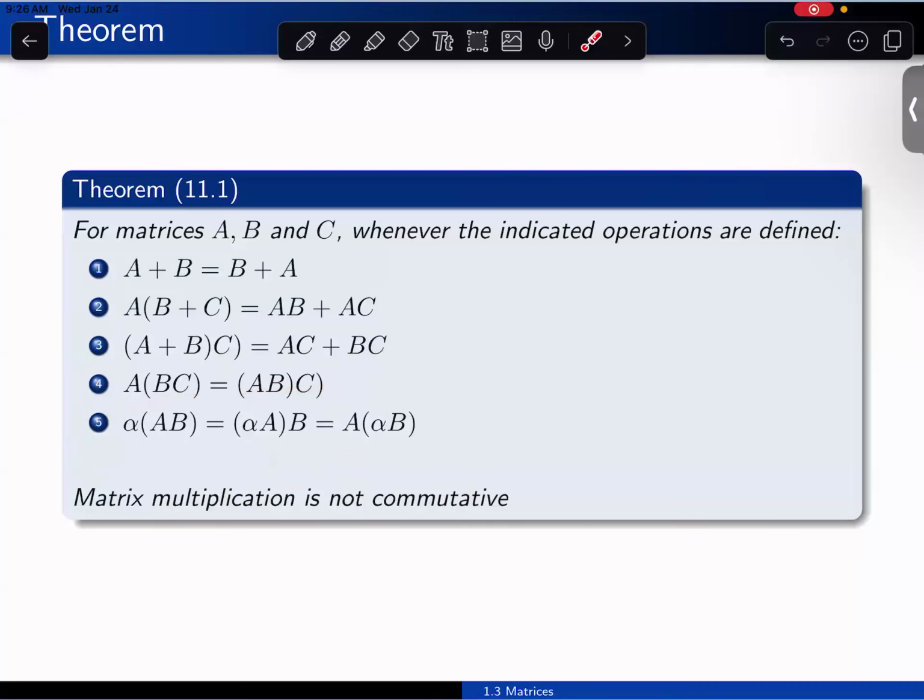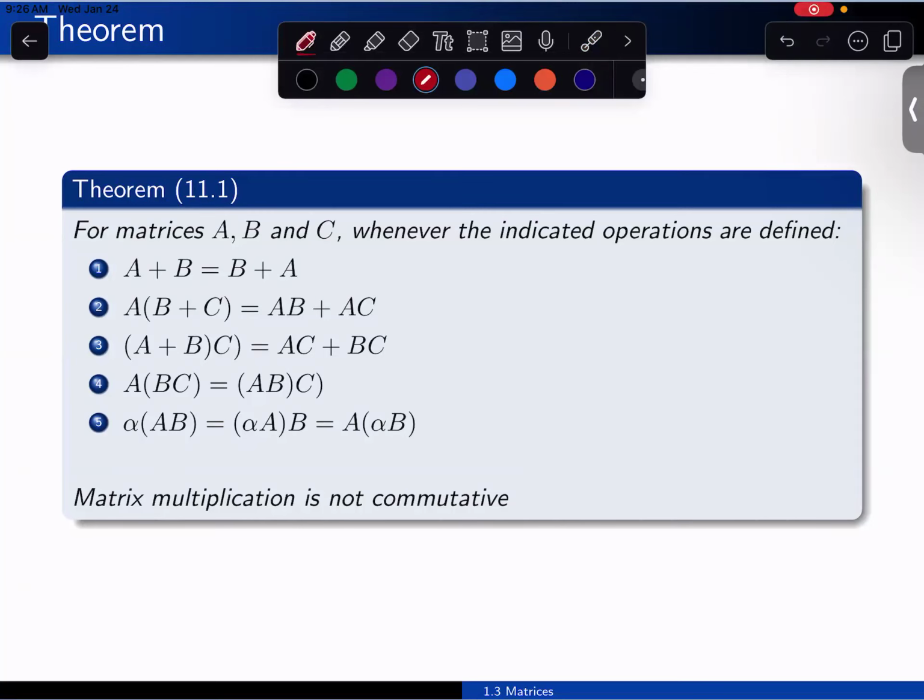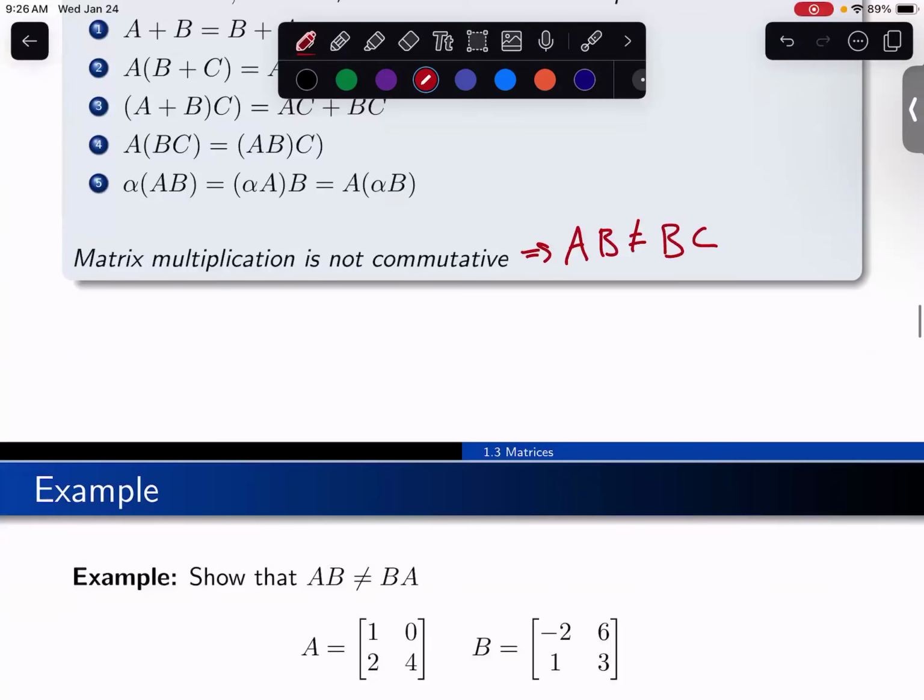And then we saw earlier that matrix multiplication is generally not commutative. Just to clarify, I don't know if people have seen the word commutative or not. We may have situations where A times B is not equal to B times A. I think this is where I actually go through an example.